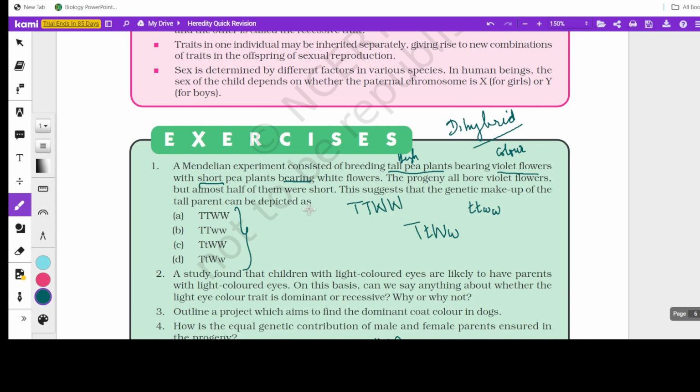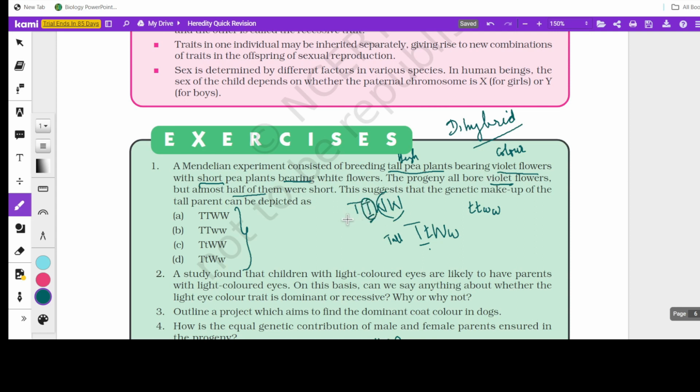But almost half of them were short. Here we got all tall, so there should be short ones too. If there should be short ones, then there should be a change here. The flower color is not an issue; let it be capital WW, because they have said that all bore violet flowers. But short ones were there.